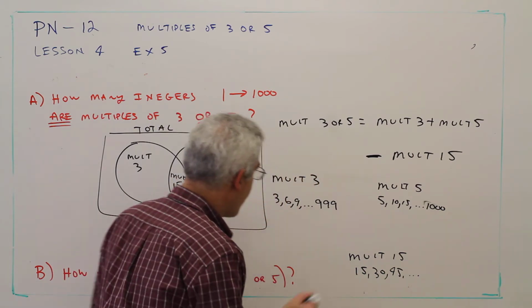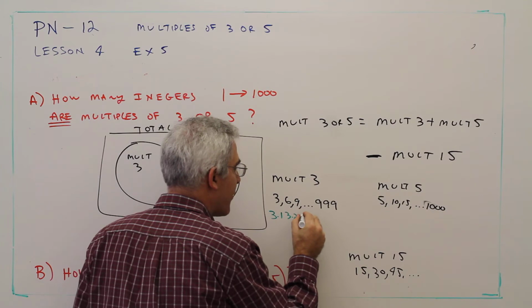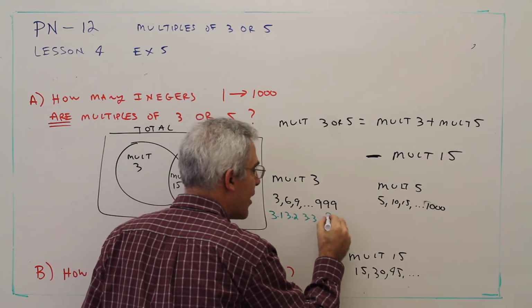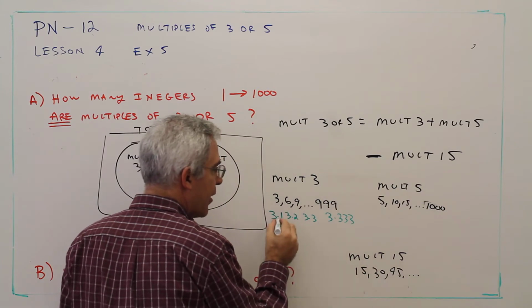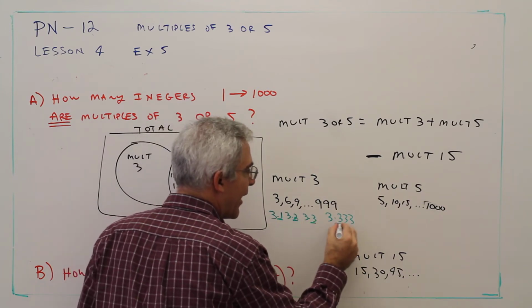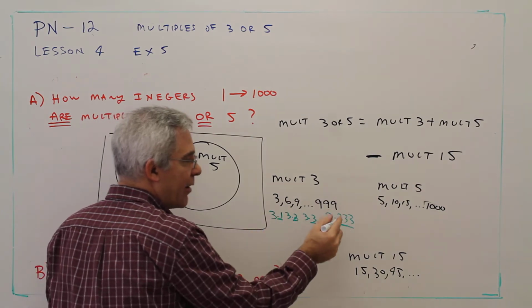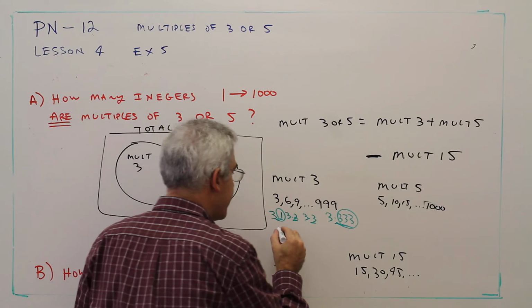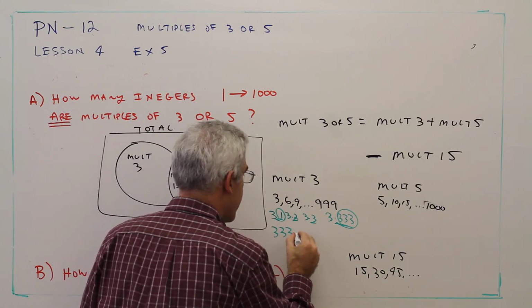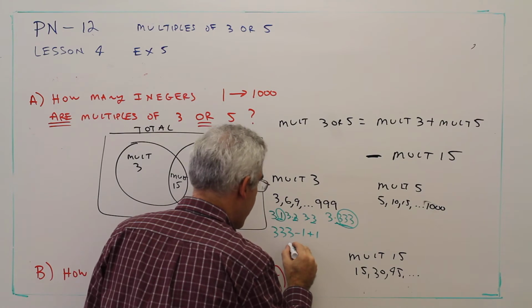All right. So remember, this is 3 times 1, 3 times 2, 3 times 3, 3 times 333. So I've got these consecutive items in my list. So all I do is I subtract and add 1. And I get 333.